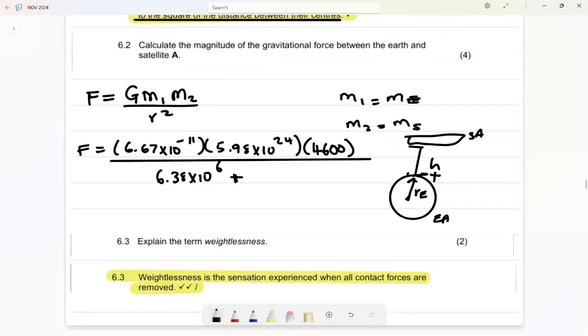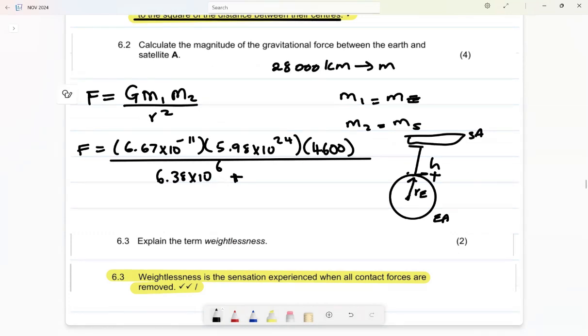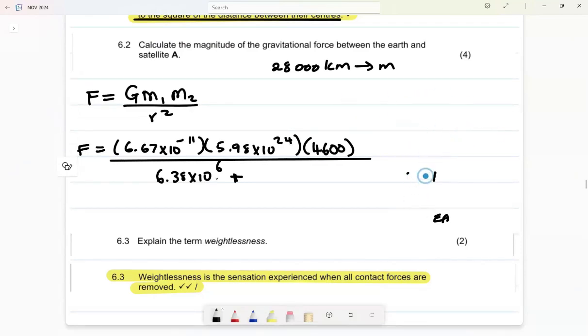But remember we want this to be in meters. So we want 28,000 kilometers in meters. Let's use this conversion.